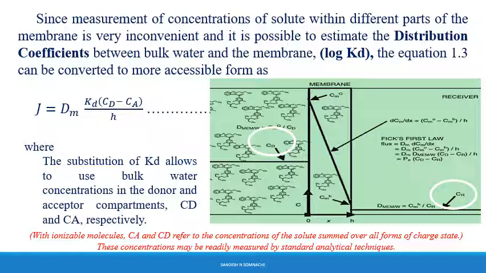CD and CA represent the sum of concentrations of all forms of charge, that is the ionized as well as unionized drug present in the donor compartment, denoted as CD, while the concentration of ionized and unionized forms in the acceptor compartment is denoted as CA. And this concentration we can measure by any suitable standard analytical techniques.